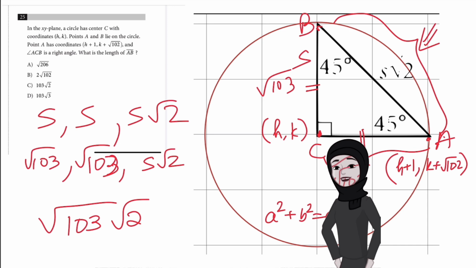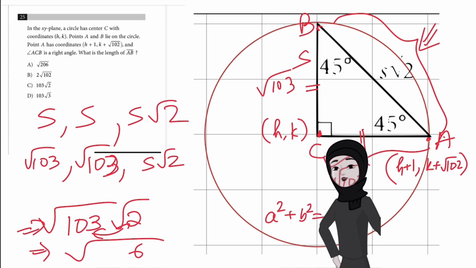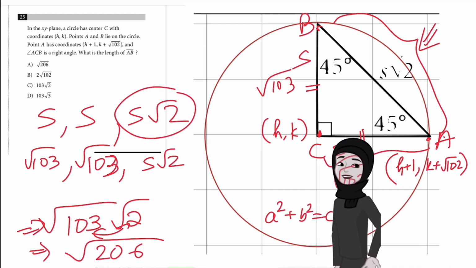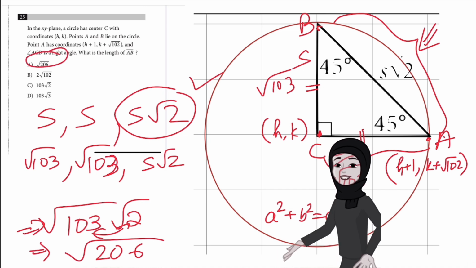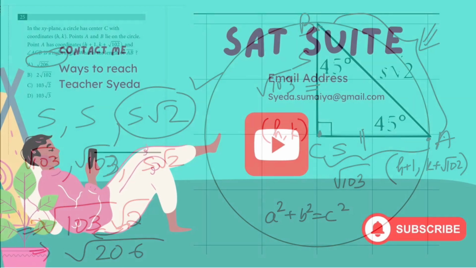If you take square root of 103 and multiply it with square root of 2, we basically multiply the terms inside the radical sign. So we will get square root of 206. This way also you can use the relationship between the sides in a special right triangle, which is the 45, 45, 90 right triangle.